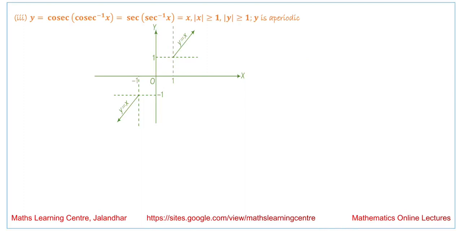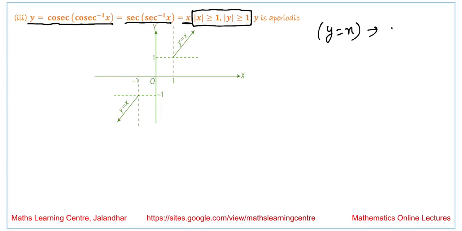Similarly, when we talk about y is equal to cosecant of cosecant inverse of x or secant of secant inverse of x, it is equal to x. This function is defined for mod x greater than or equal to 1, mod y greater than or equal to 1. So the equation is y is equal to x.